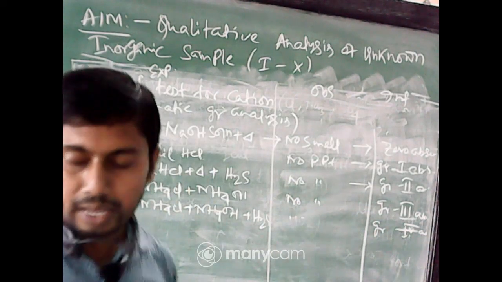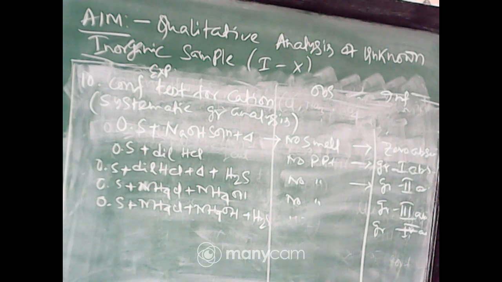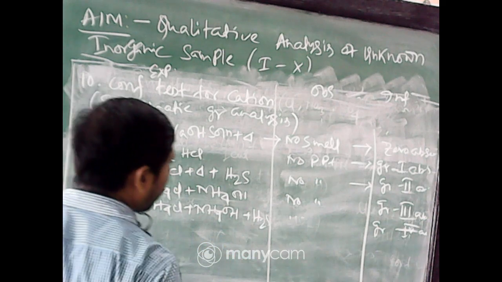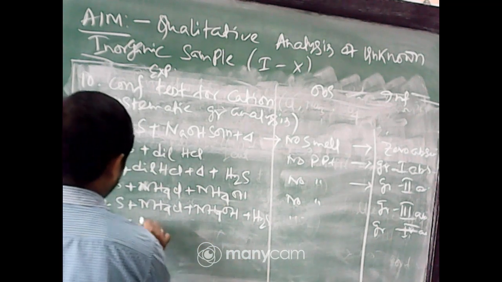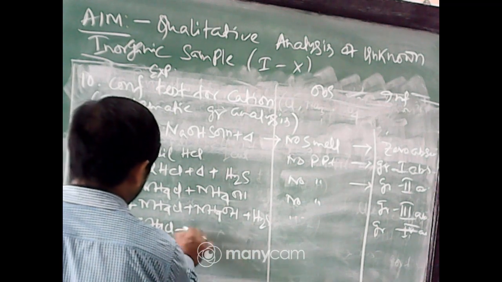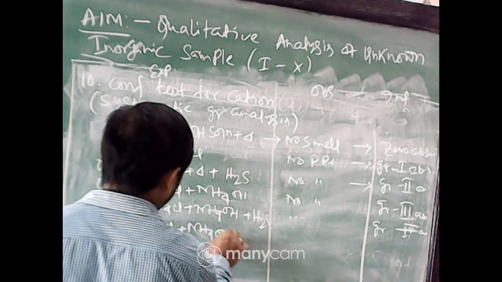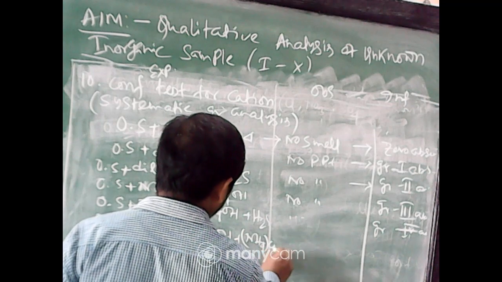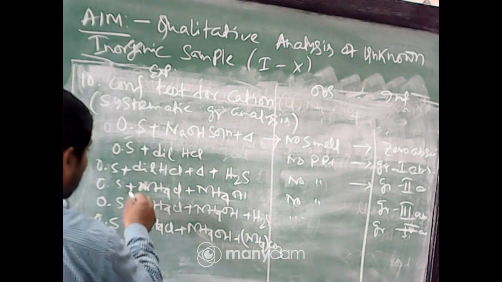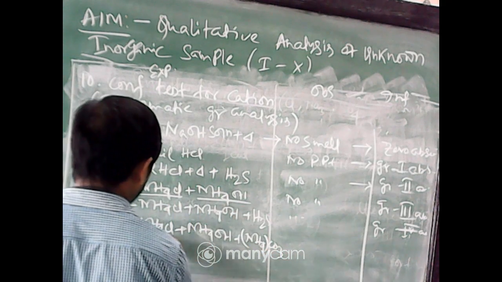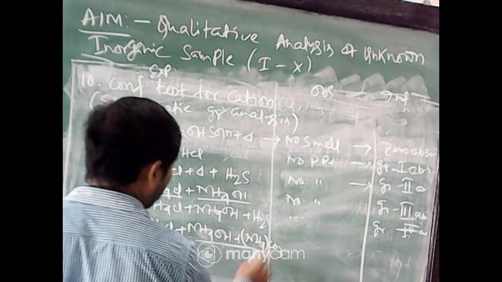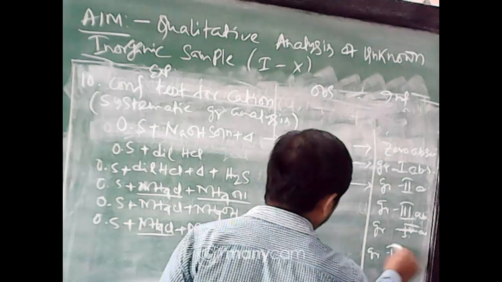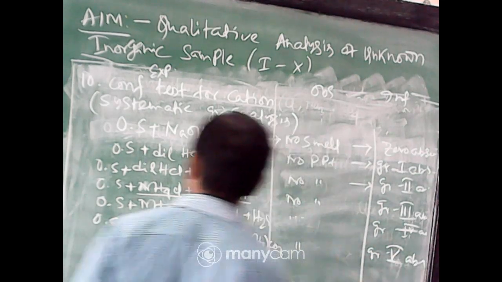Clear? In that way you will continue. Next is group 5. The group reagent is NH4Cl plus NH4OH plus ammonium carbonate. Here the common ion effect is implied, NH4 here. No PPT, group 5 absent.